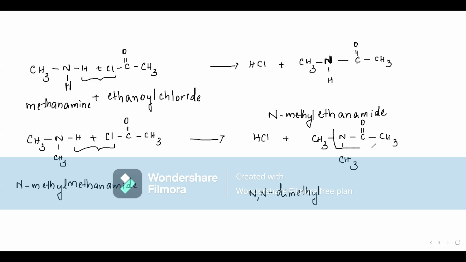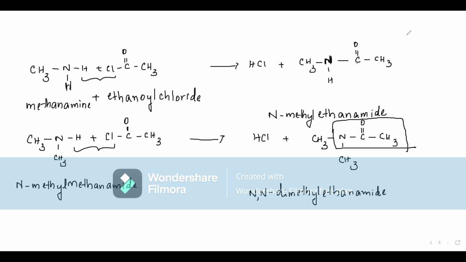The rest, that is this part, becomes the parent. Parent has 2 carbon. It is an amide. So, amide. An is for the single bond between carbons. Ethanamide. N, N-dimethyl ethanamide. So this is called acylation.